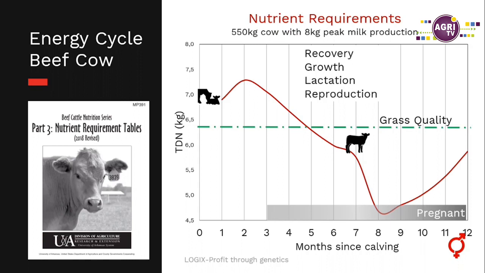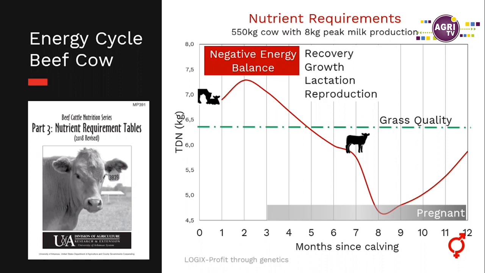If she's still in her first lactation, her first calf, or sometimes her second calf, she's still growing. She has a calf that suckles on her, and if you want an ICP of 365 days, you want her to get pregnant then again. So there's a huge demand on this cow in the first 3 months, and many times it leads to a negative energy balance.